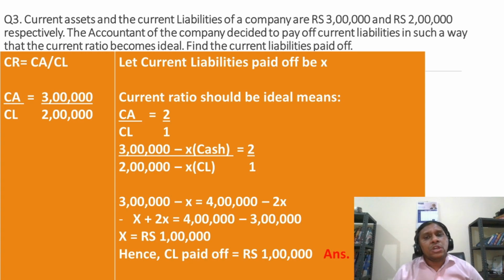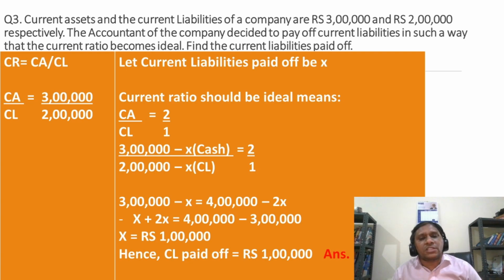So current ratio should be ideal means apply the formula for current ratio, CA upon CL is equal to 2/1. Now mention current assets 3 lakh rupees, it's already given, minus X because you are paying cash to pay off current liabilities. When you are paying cash, it is reducing your current assets, divided by 2 lakh minus X because current liabilities will be settled, so it will decrease, is equal to 2:1.